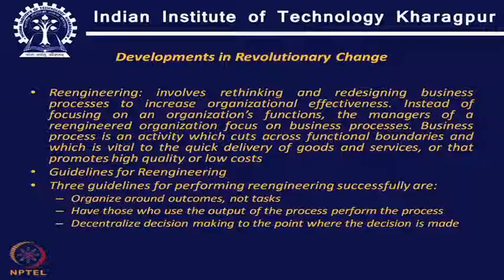The guidelines for re-engineering are, first, we should try to organize around the outcomes and not the tasks, like what we have to deliver. That should be the first thing we focus on, then what we have to deliver and when, and then we map other things to it.